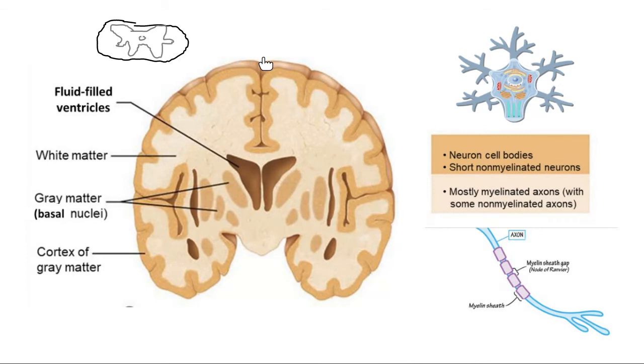So what makes the difference between gray matter and white matter is the amount of myelin that we have in the brain. When we talk about myelin, let me type its little name here.